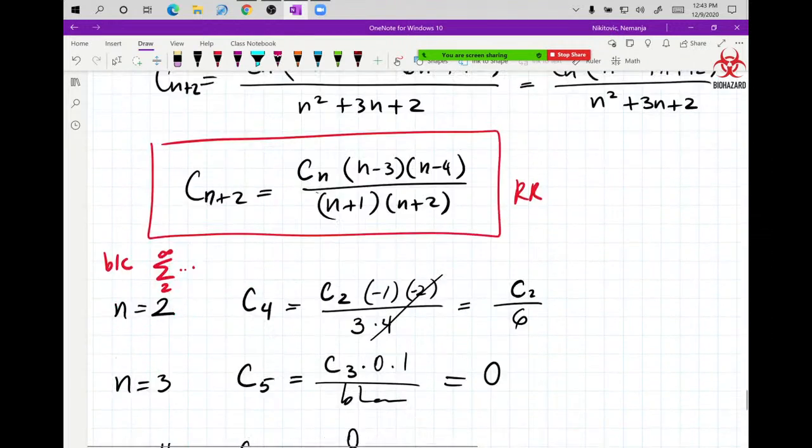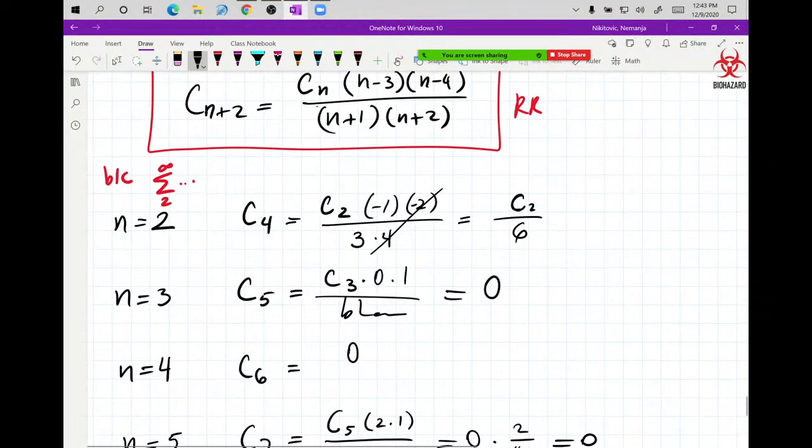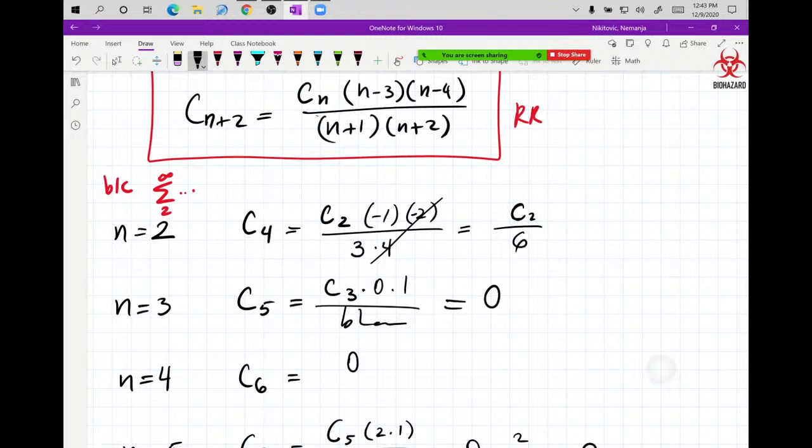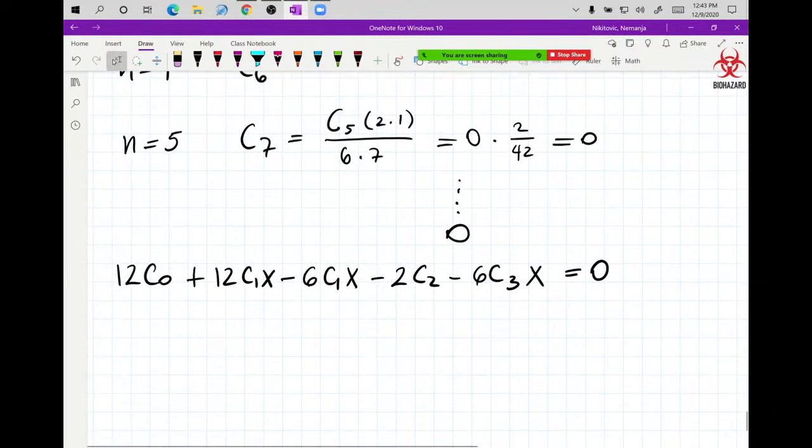So we set that one equal to 0, and we solve that one for C3. And we solve it for C2. And we do have the relation that C4 is C2 over 6. So that's going to be introducing that one as well.